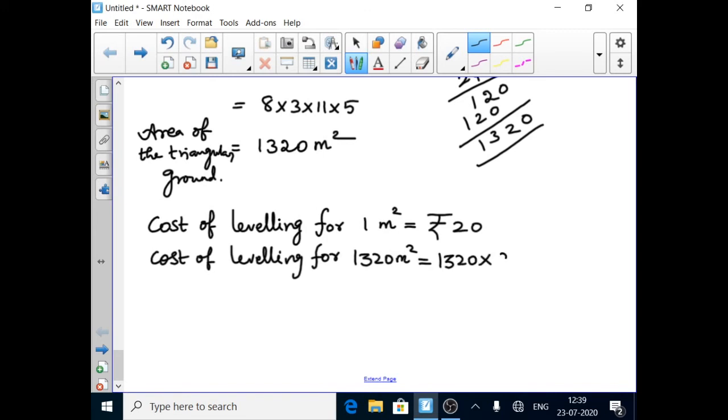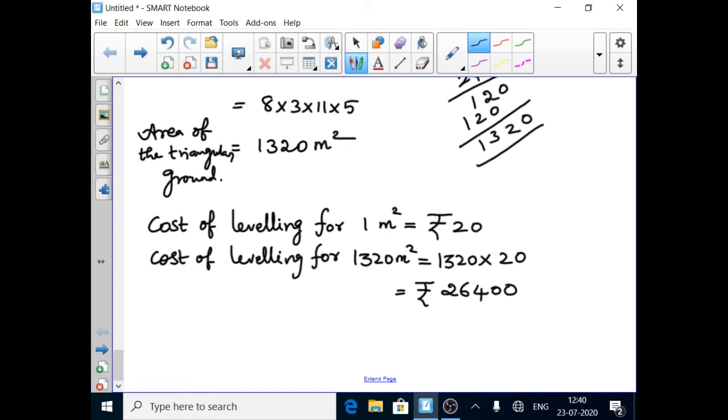1,320 into 20. Okay, so 2 all multiply, you will get 2 2s are 4, 2 3s are 6 and 2 1 is 2, then we have 2 zeros. So this is the cost, so you can write it as rupees 26,400. Okay, this is the cost of leveling the ground.